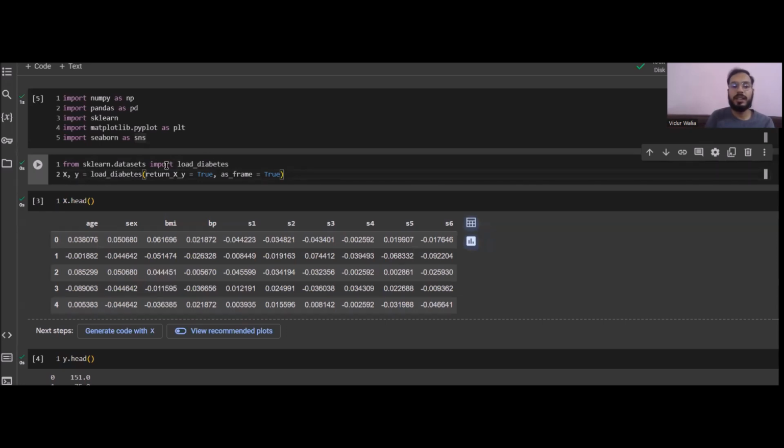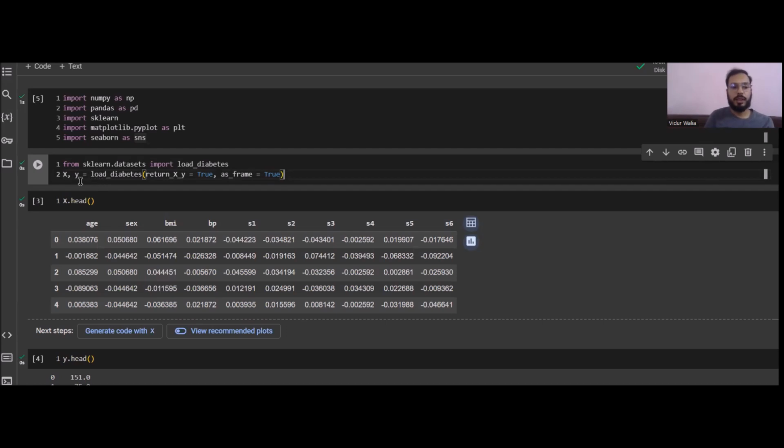First you need to import the dataset as from sklearn.datasets import load_diabetes. Then x and y. Now y is going to be a single vector, obviously, because this is the target variable. And x, as I told you, could be x1, x2, x3, x4. We'll be doing an example of multiple linear regression over here, right?